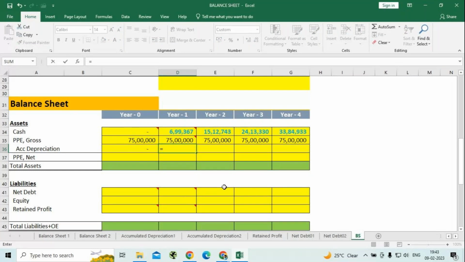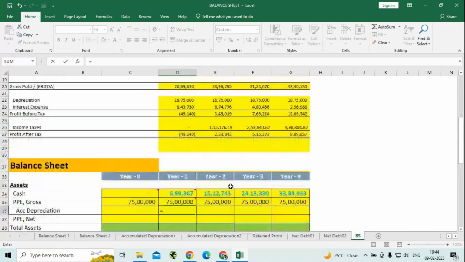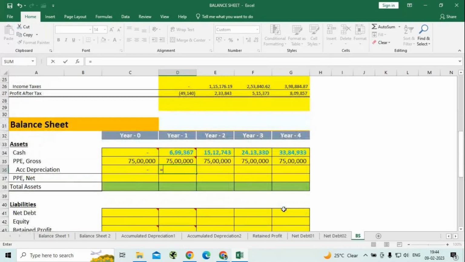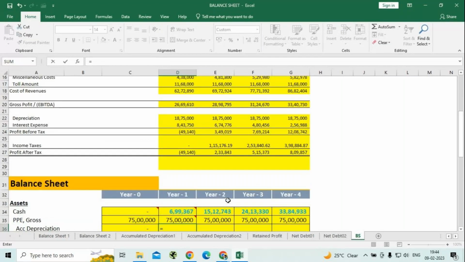So either you can be able to use this asset value divided by the number of years, or here already it has been given in the income statement as a depreciation value. So here it is given as 18 lakh 75,000. So if you calculate also, it will be the same. So example, if I take this divided by 4, so it will be also 18 lakh 75,000. But still, as the value has already been given in the income statement, so I'm going to take that value.